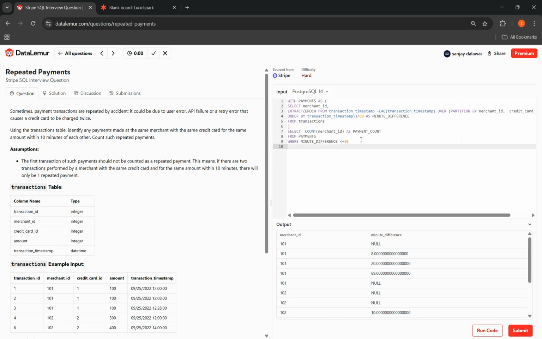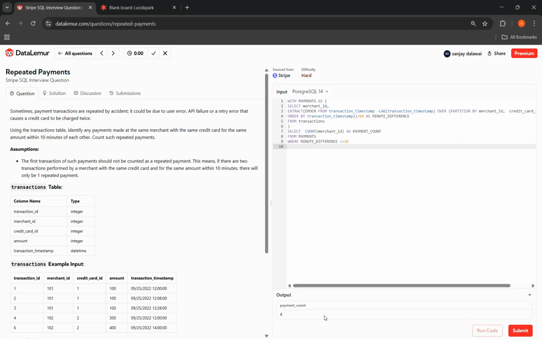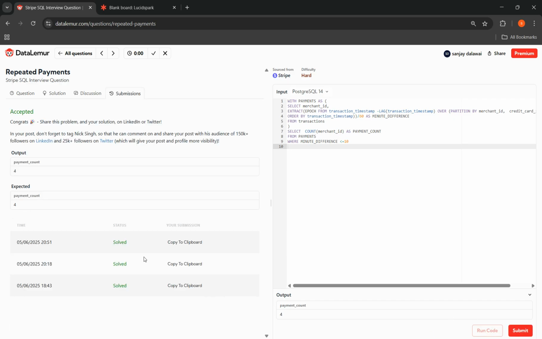So if we run this query, we will be getting the payment count as 4, and if we submit, this is accepted, and that's it.